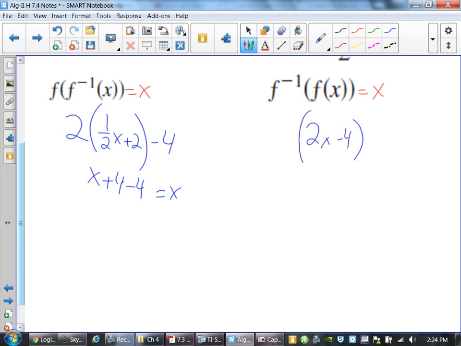And then I surround that with the 1/2 plus 2. Distribute out. What does that equal? What does that mean? It means they're inverses.